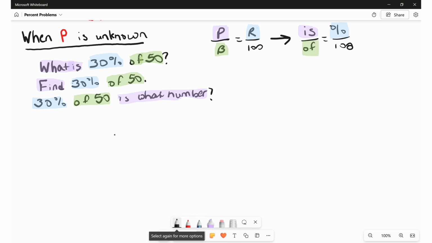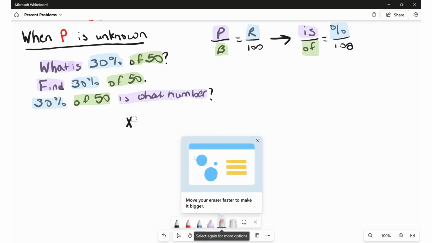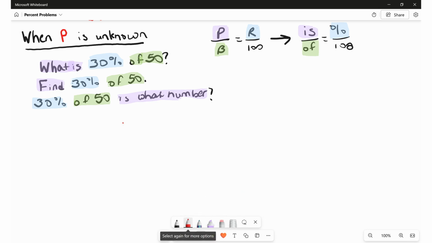All right. So we can see where all of these numbers go. No matter which way we go, we're going to have our unknown. I'm a big fan of color because I feel like it really helps us to see where things are. Okay. So we know that this is going to be 50.